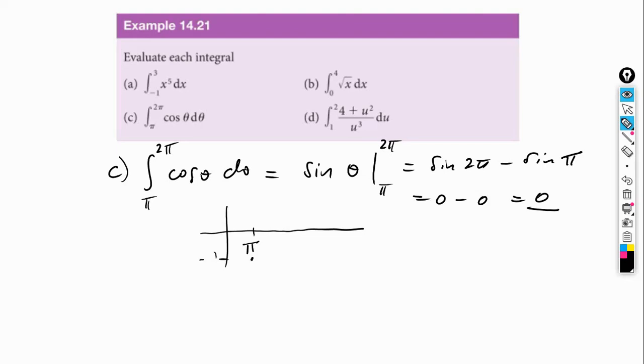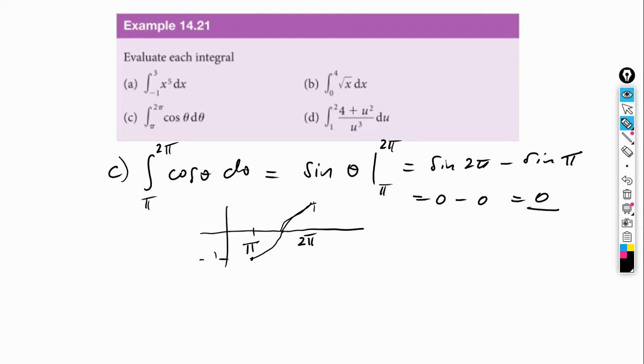Then it would go up, go through 0, and that's when we have 3 pi halves, and then it would go up to 1, which is cosine of 2 pi.